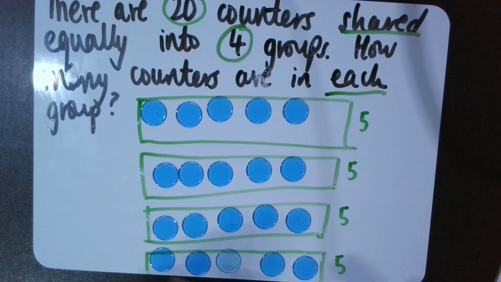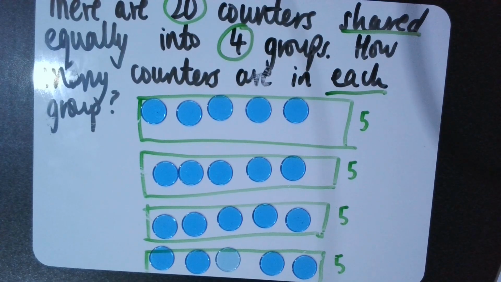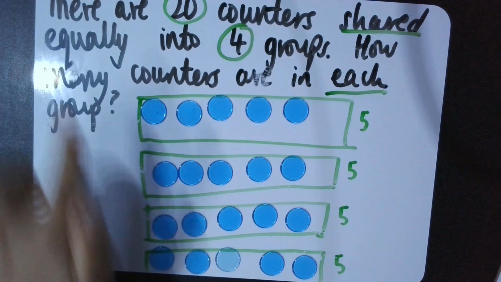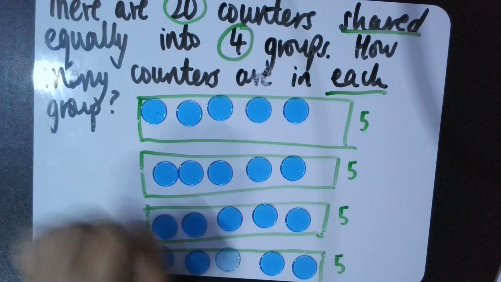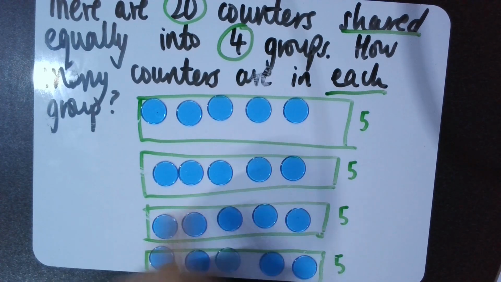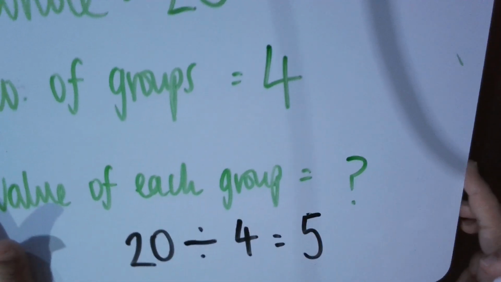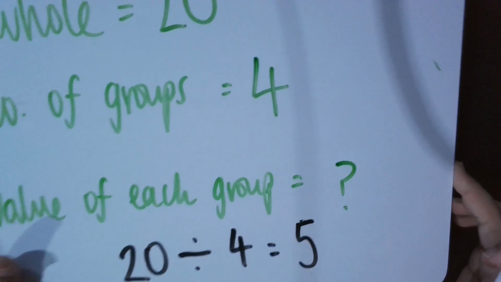And if you look carefully, when I arranged my counters, you can see I've actually formed my array. You can easily see I've got 20 counters altogether, 4 groups, and 5 in each group. That's made it really clear for me to represent the problem and work it out. 20 divided by 4 equals 5.